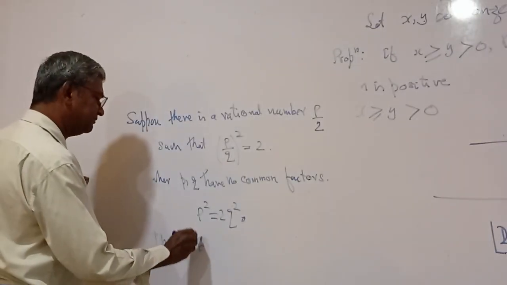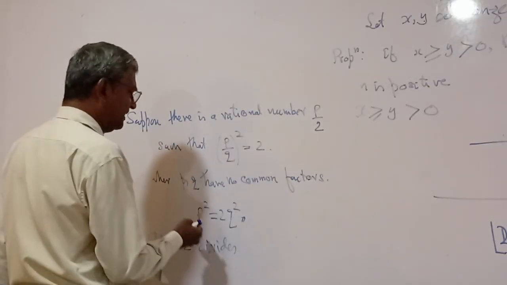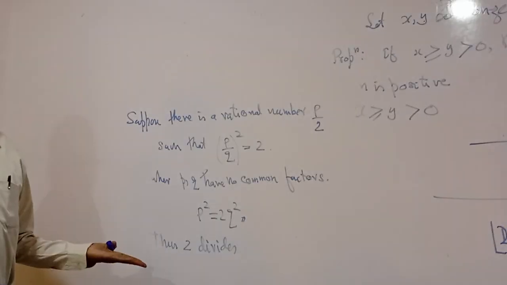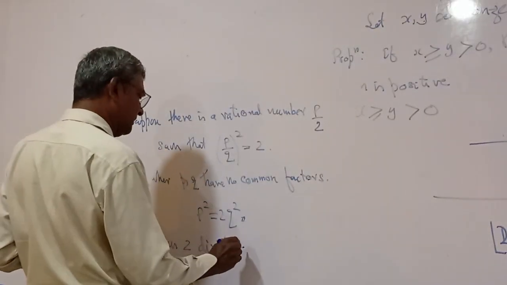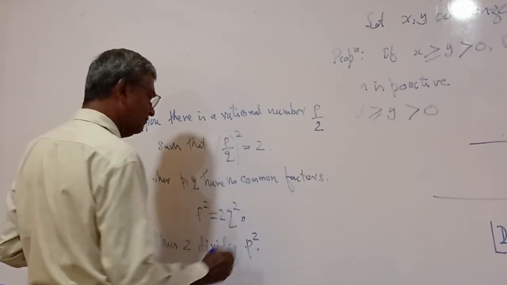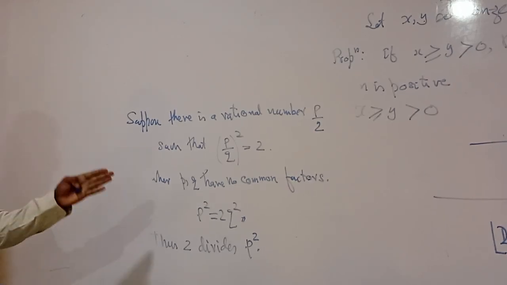Thus 2 divides P squared. In other words, P squared is an even number. Now I want to say P is even.